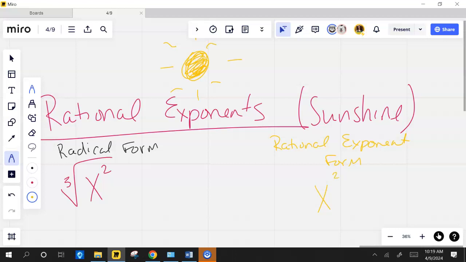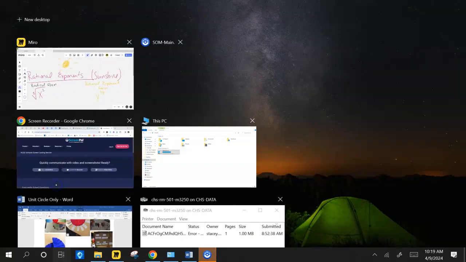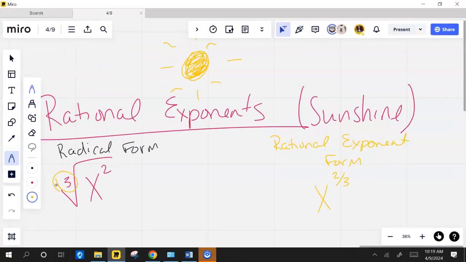This time the 2 goes up top and gets all the sun, the 3 goes on the bottom in the shade. So if he's getting all the sun in this form, then he has to be in the shade. That's all it is, the changing forms. You will never remember. It gets confusing on which one's on top and which one's on bottom.